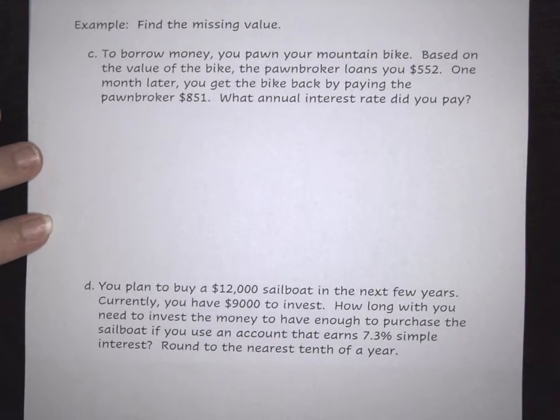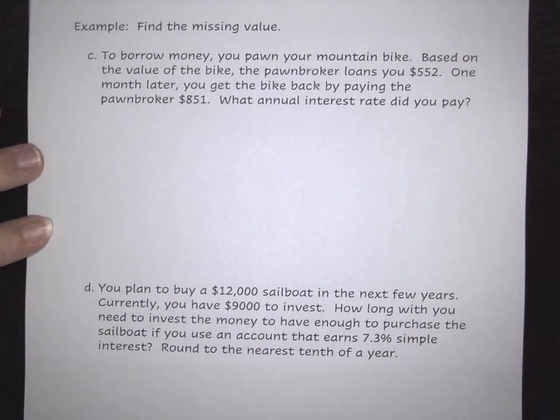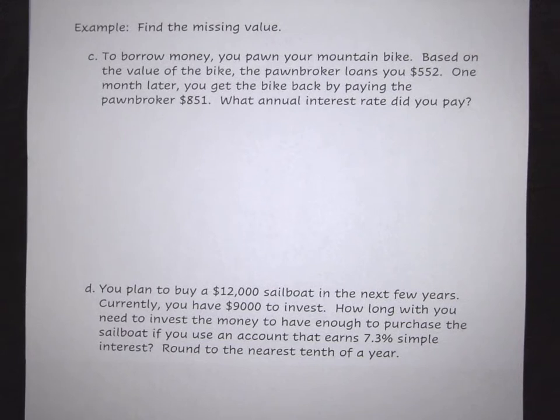Now let's say we want to borrow money. So we pawn a mountain bike, and based on the value of the bike, the pawnbroker loans you $552. 1 month later, you get the bike back by paying the pawnbroker $851. What interest rate did you have to pay?